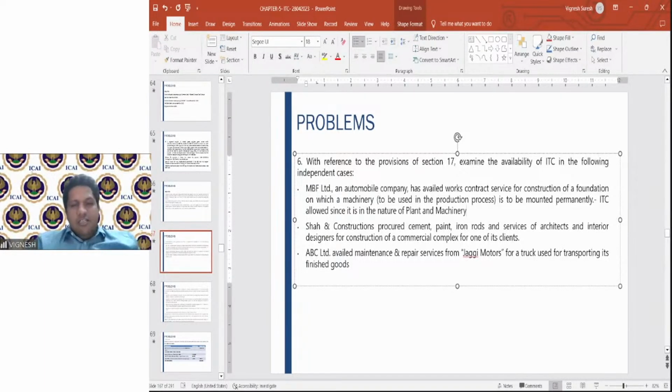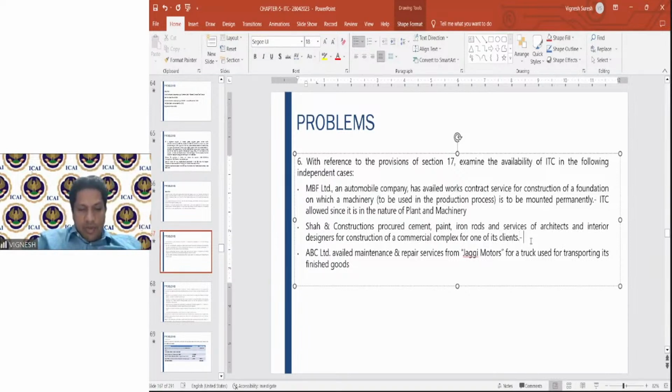Then Shah & Constructions procured cement, paint, iron rods and services of architects and interior designers for construction of a commercial complex for one of its clients. What about this one, second one? Correct. Technically, cement purchase, architects and interior designs are not allowed, but he is using them for a commercial complex of one of its clients.